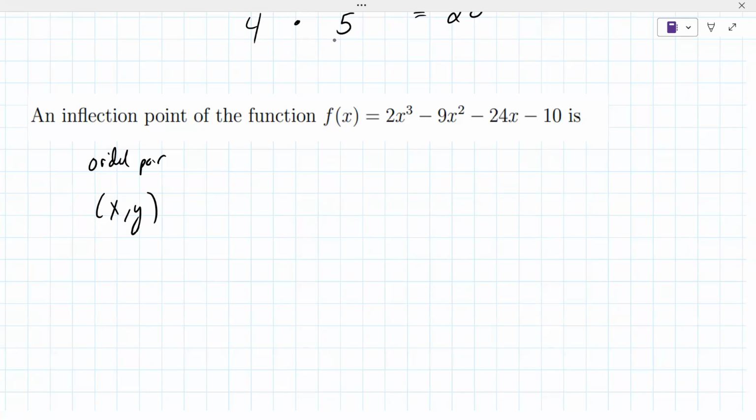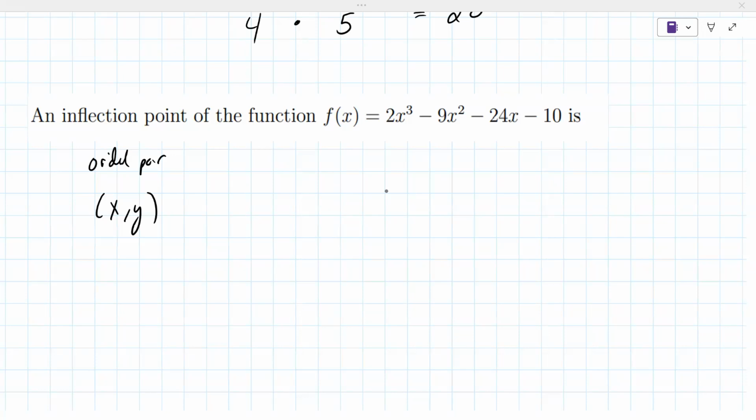So I find the second derivative and set the second derivative to 0, right? Yes. Okay. So for x, I got 3 halves.